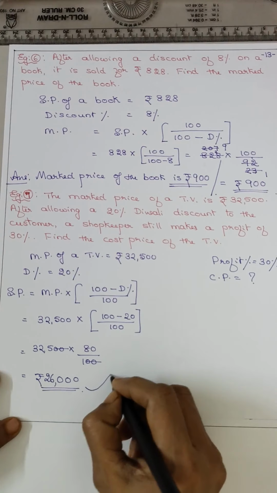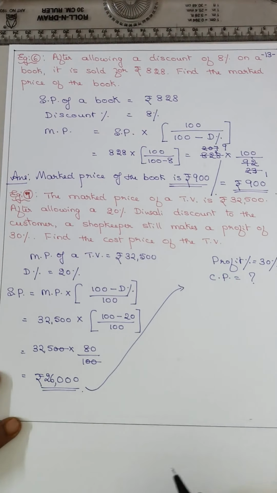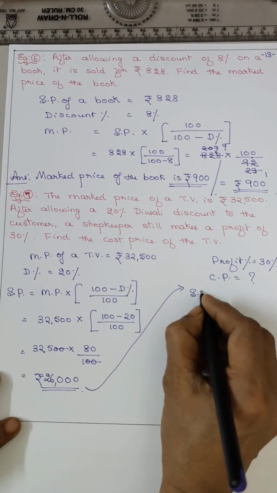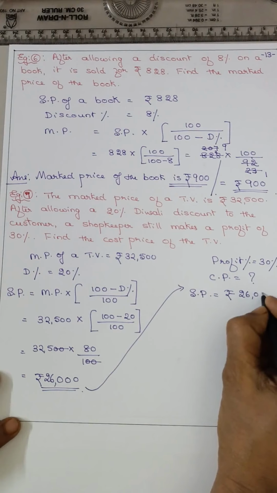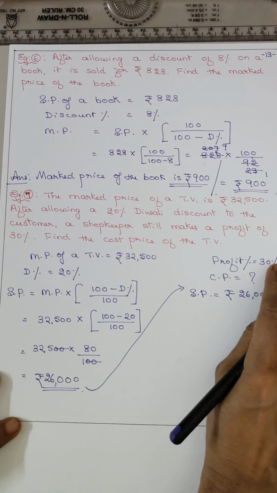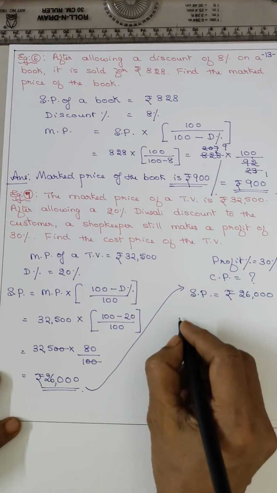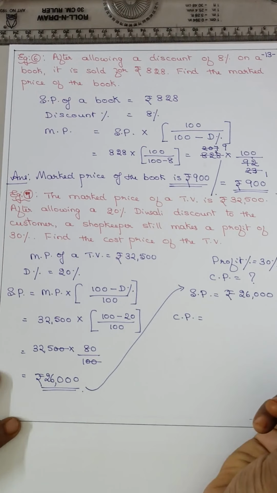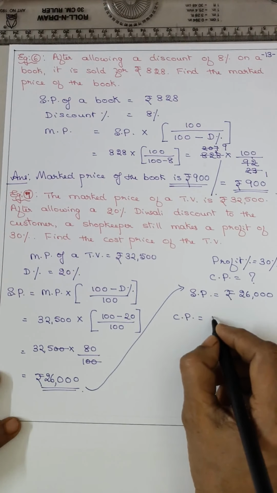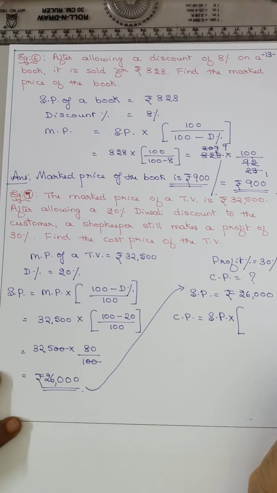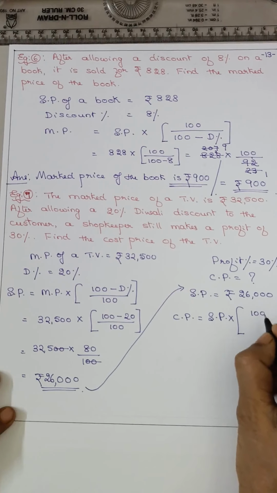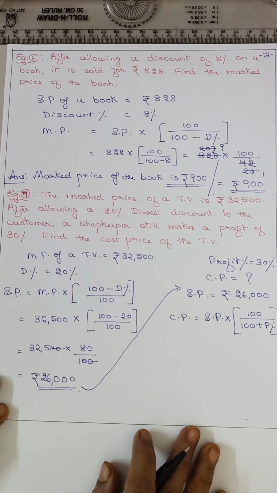Now take this SP to the other side. So SP is equal to rupees 26,000. Profit percent is 30%. Find out CP. What is the formula? CP is equal to SP into 100 upon 100 plus profit percent, which you have done in the first worksheet. Remember?